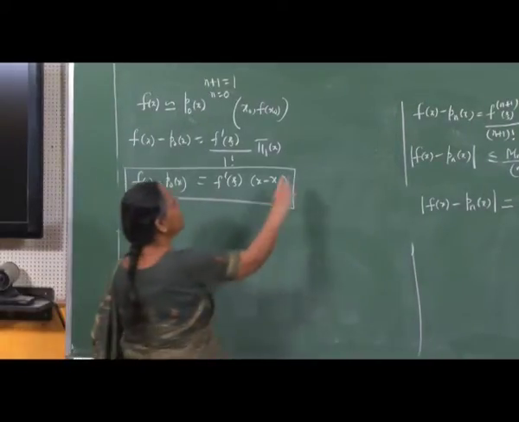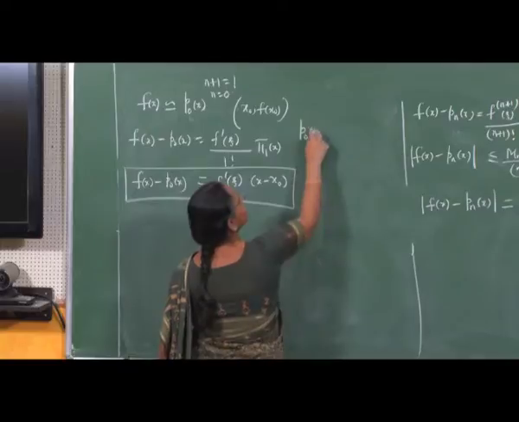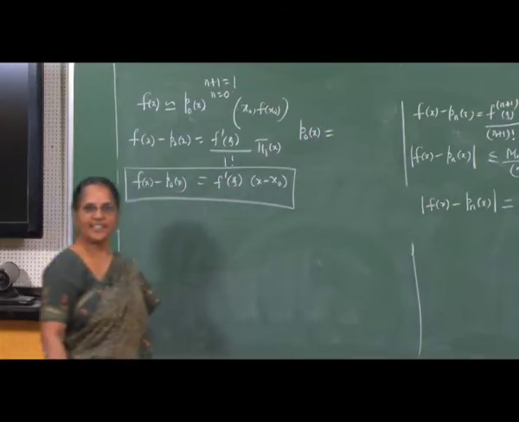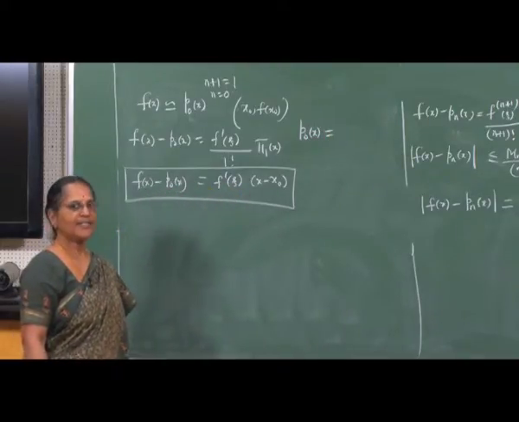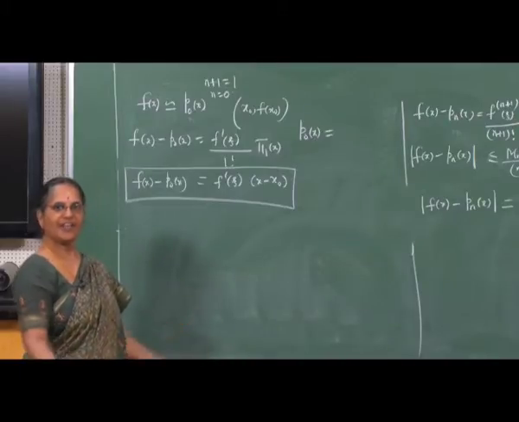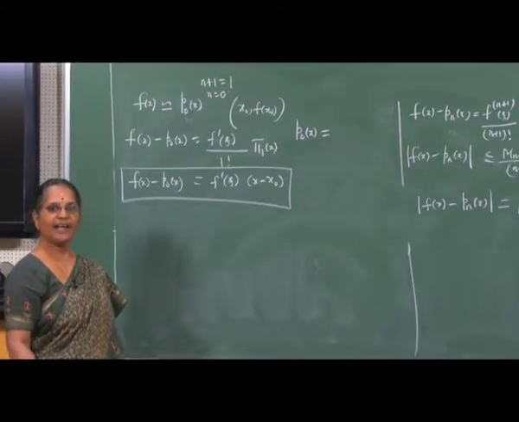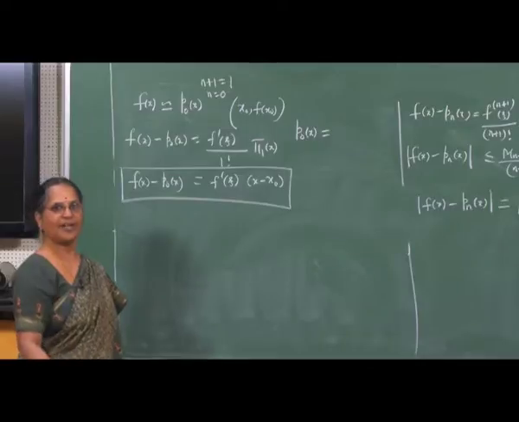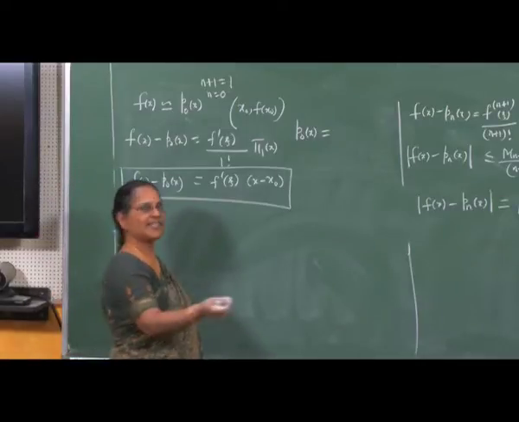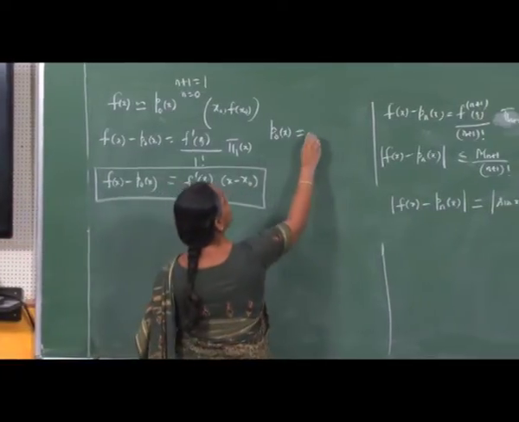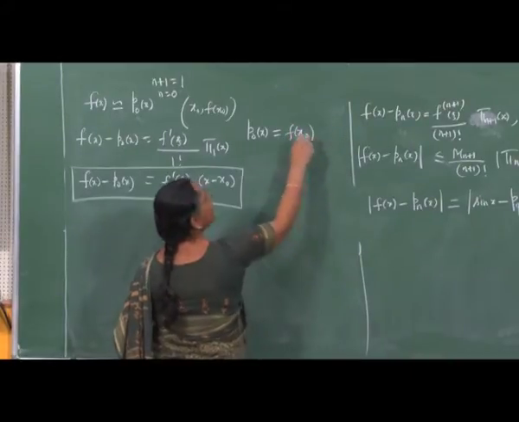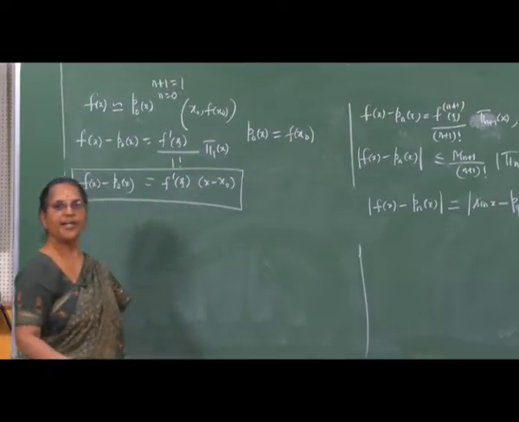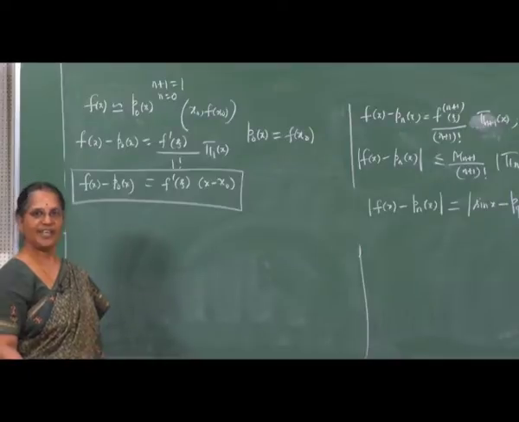What is this p naught of x? p naught of x is a polynomial of degree 0. What is its property? It interpolates the function f of x at x equal to x naught. So, its property is such that p naught of x naught must be equal to f of x naught.